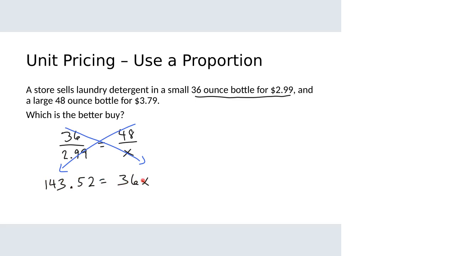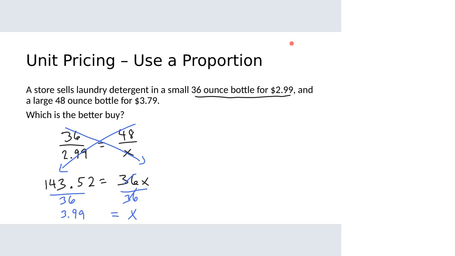If you see something that doesn't make sense, you're not sure where the numbers came from, please don't hesitate to let me know. We'll divide by 36 to get the x by itself. We'll also divide by 36 over here. On this side, those cancel, leaving us just the x. And on the other side, 143.52 divided by 36 is 3 point, if we rounded to the nearest hundredth, it'd be 3.99.